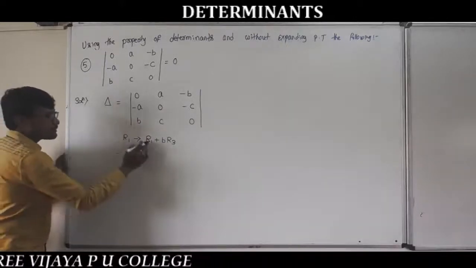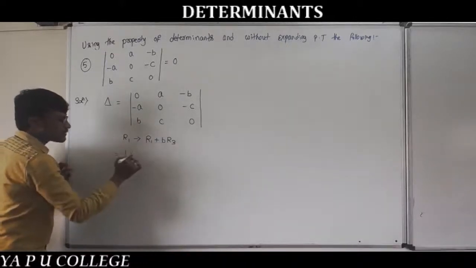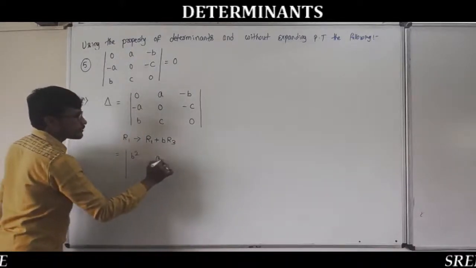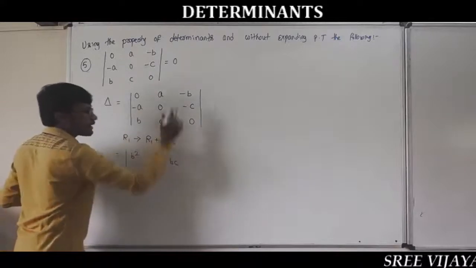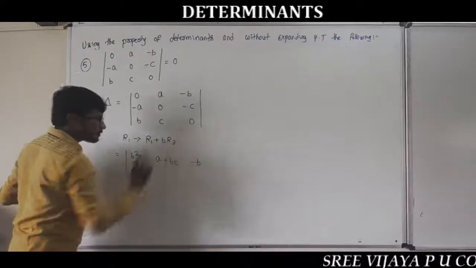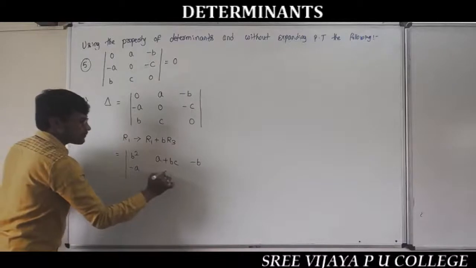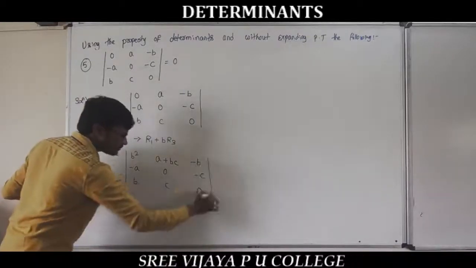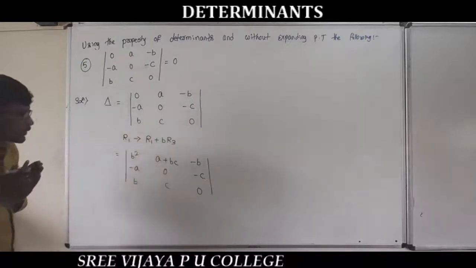So what is that R1? 0 plus b into R3 is b square. So a plus b into c, so a plus bc. Again minus b plus b into 0 is minus b. So minus a, 0, minus c, b, c, 0.